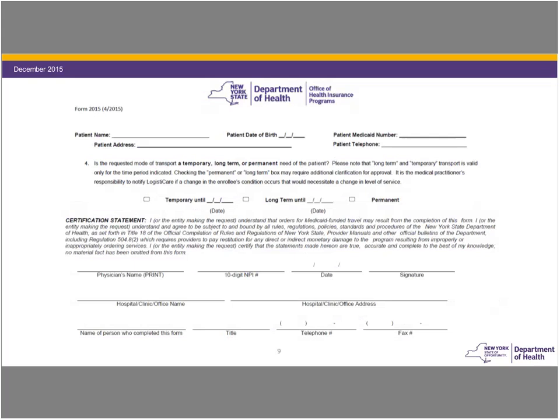On the next slide, you'll see some additional information, and what's most important there is there's a category which asks what is the reason, what is the diagnosis, is it long-term, is it permanent, is it temporary, and what prevents this enrollee from utilizing mass transit.